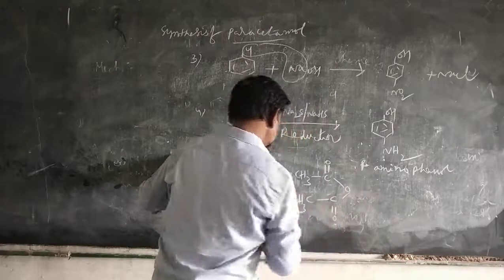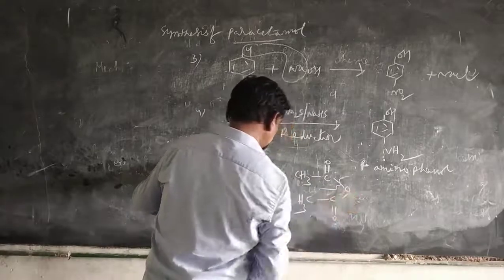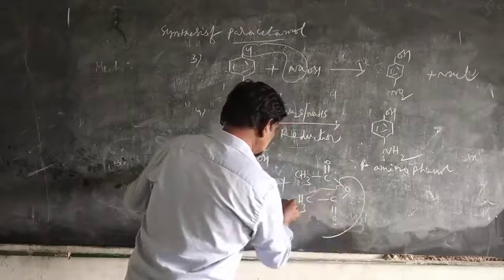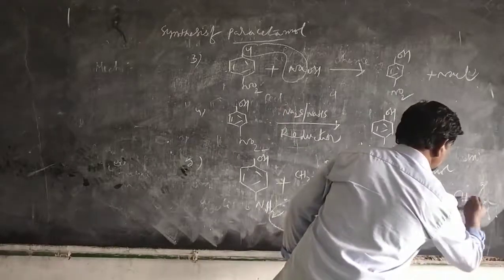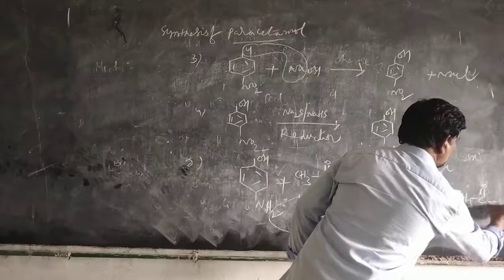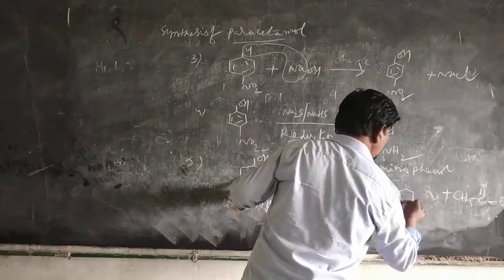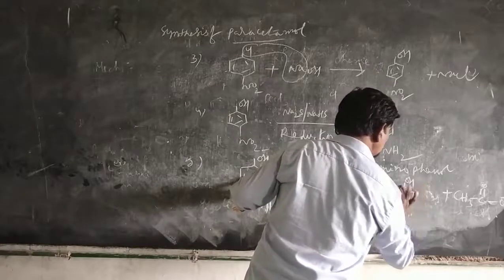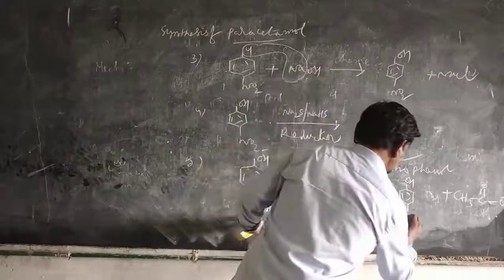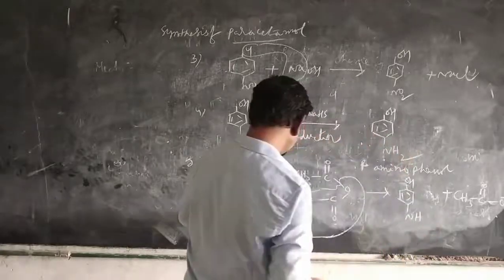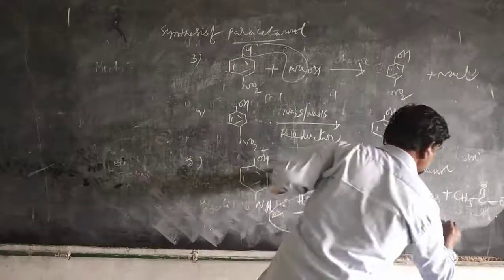The bond breaks, CH3COO minus takes a proton, and acetic acid, CH3COOH, is eliminated. The remaining benzene ring is connected with OH group, and the remaining portion NH, C double bond O and CH3.